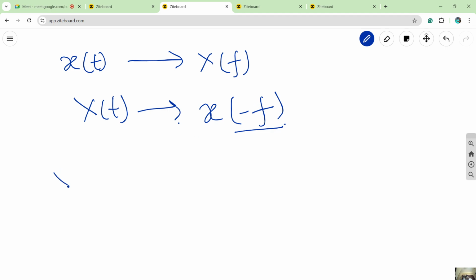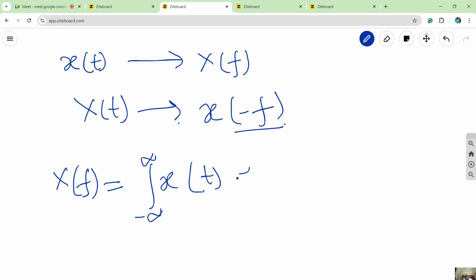Then we can say that this x of f is the integral from minus infinity to infinity of x of t e to the power minus j 2 pi ft dt.